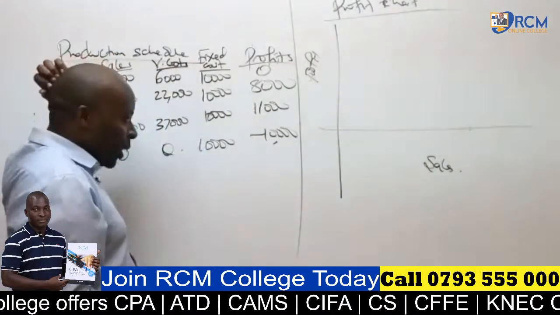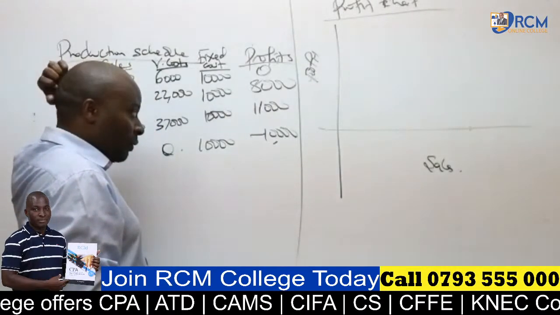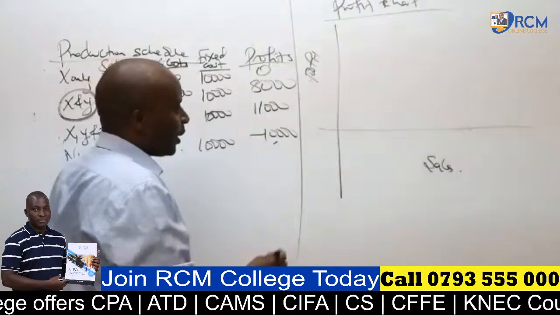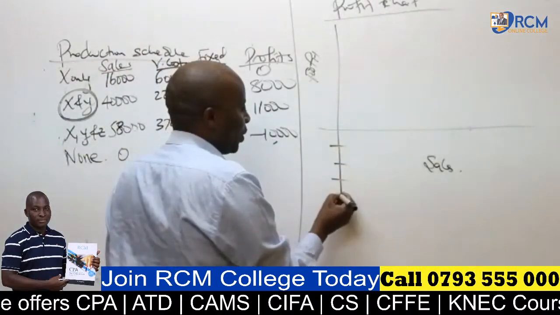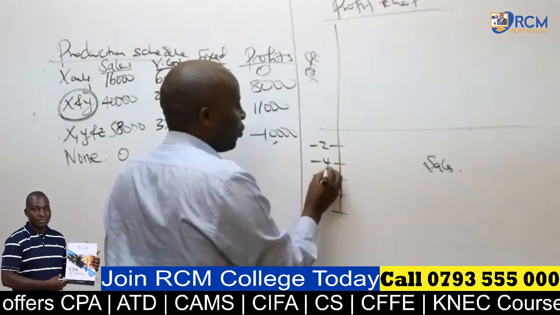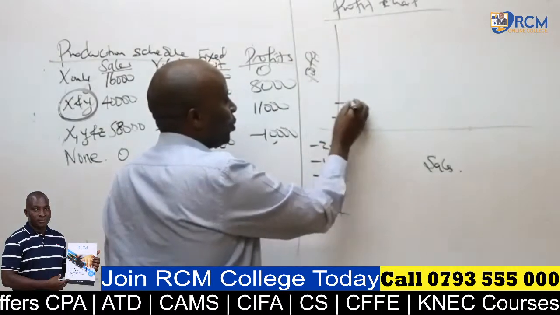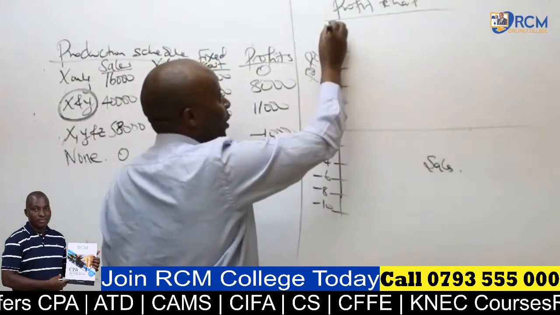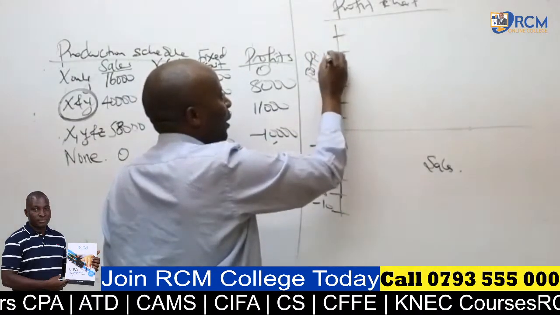For profits, I can see a negative 10,000 all the way to a positive 11,000. So I can do minus 2, minus 4, minus 6, minus 8, minus 10, and then 2, 4, 6, 8, 10, 12.